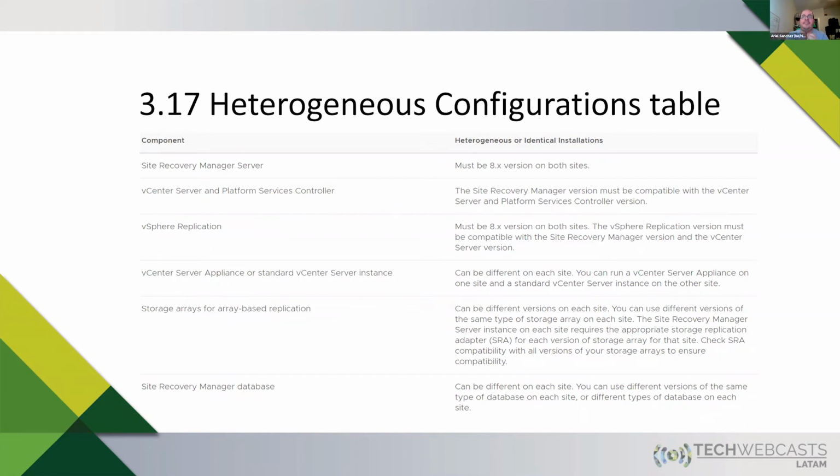That's not a problem. As long as the versions of the arrays are compatible, you can have different versions of the arrays. And the databases, it used to be that you would have different databases, but most of it now is PostgreSQL. It doesn't matter. So you can have some variances between installations, just not a lot. And remember to double check all of them.